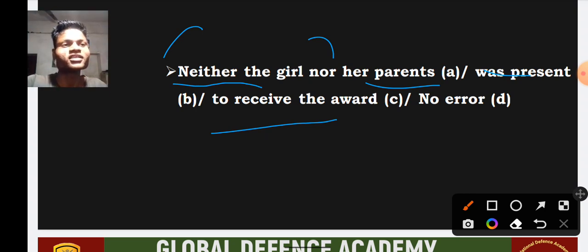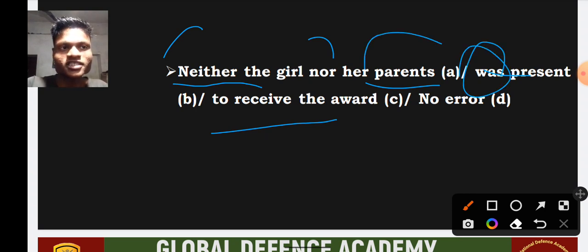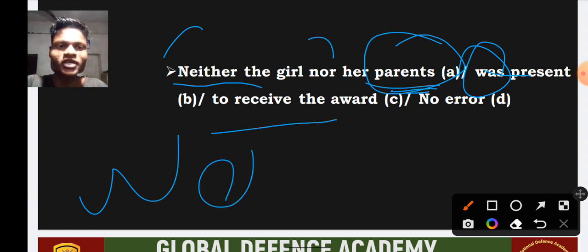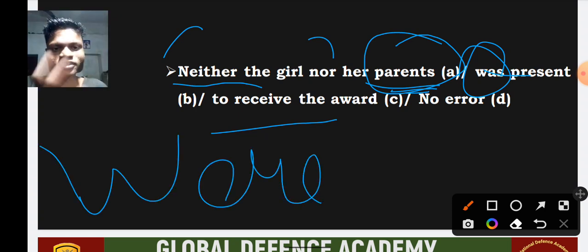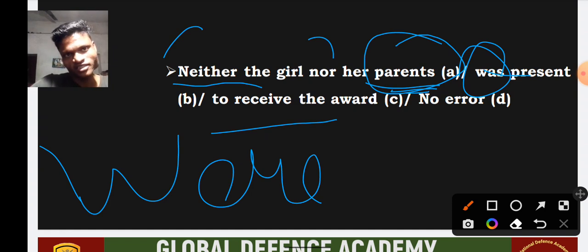Here the nearest subject is her parents, which is a plural subject, so you have to use a plural verb with it. So the correct answer is were instead of was. Getting my point? Okay.